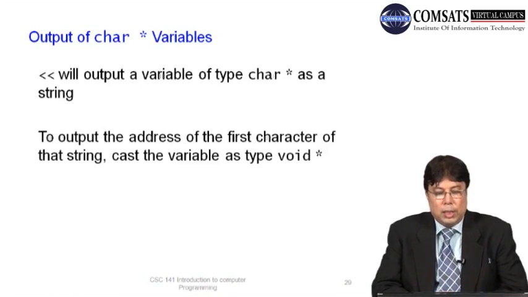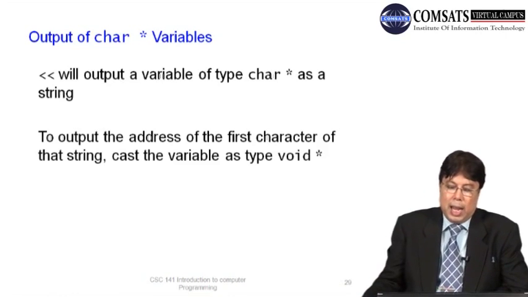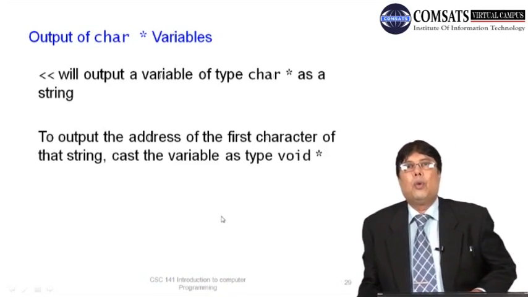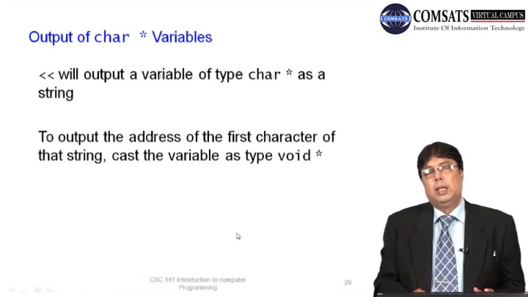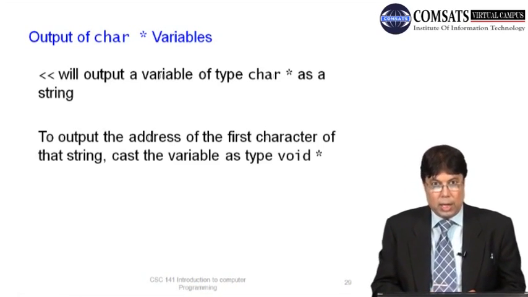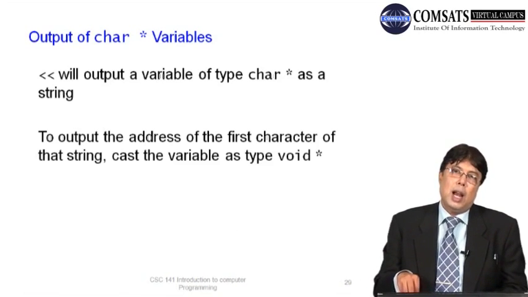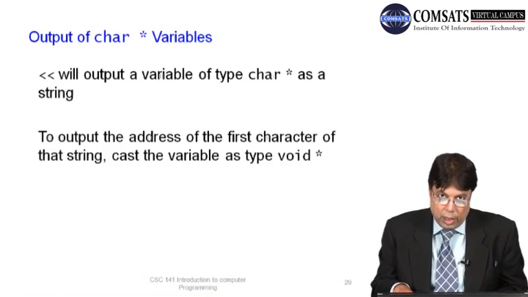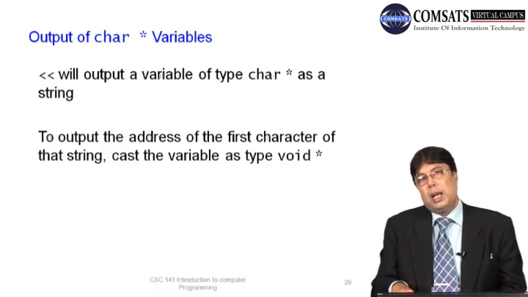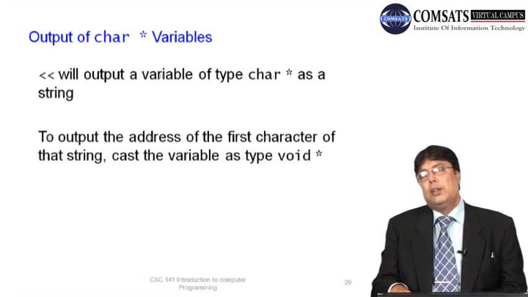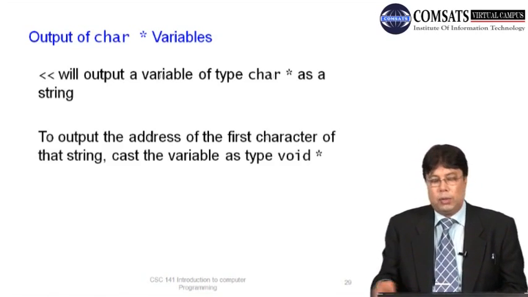So the output is the address of the first character of the string, if you cast the variable as type void. If you want to pick up the address now, not the contents, and you are interested to print out the address, what is the address? The address of the array is the address of the first element of the array. So if you are interested in picking up the address of the array, it will be the address of the first element of the array.